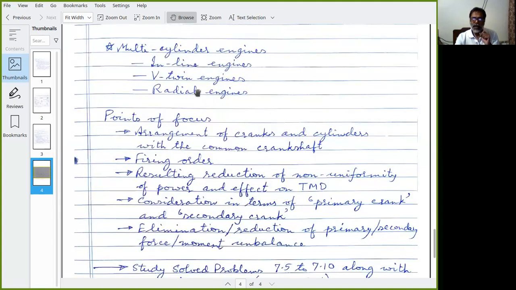I mean, not all of them together, one example of one of these. How to handle multi-cylinder engines, what are the things to analyze, which makes sense, which is relevant, which is really what is going on. So we'll take one example of multi-cylinder engines in some time in the next lecture. The main new topic in the next lecture will be balancing of linkages.